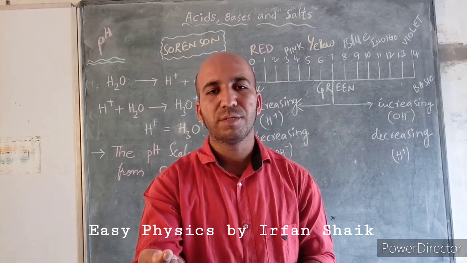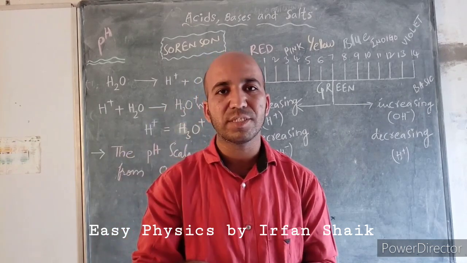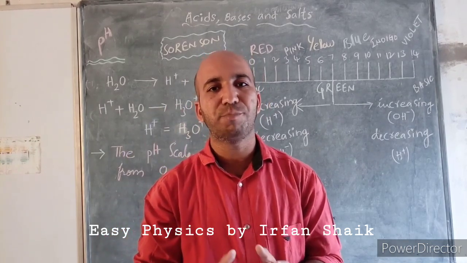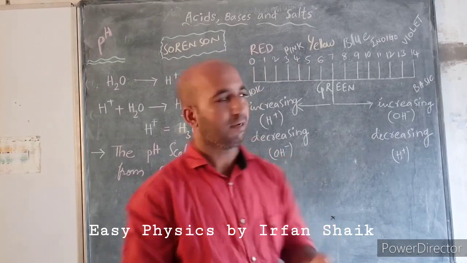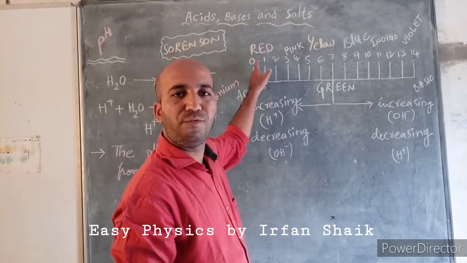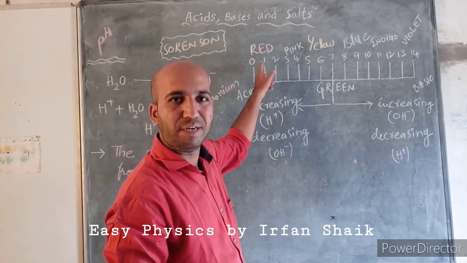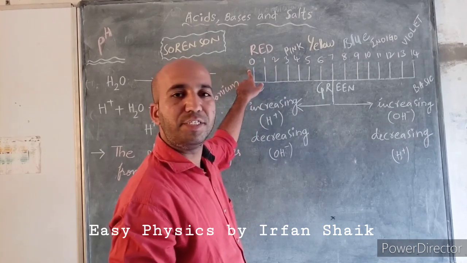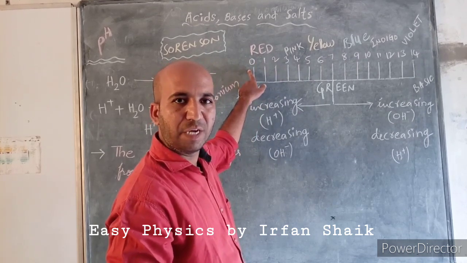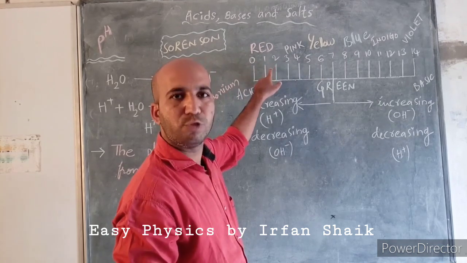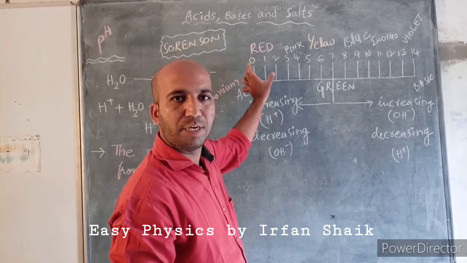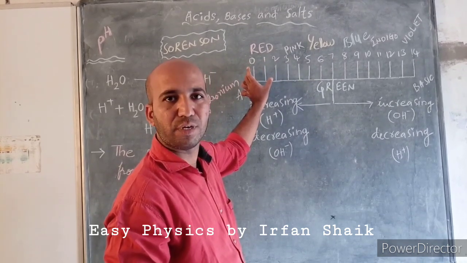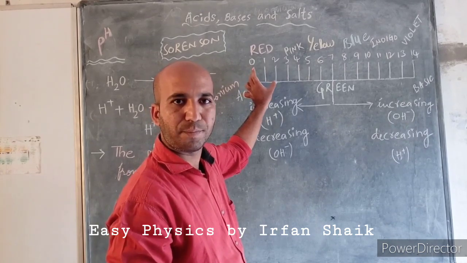If we dip the pH paper into that flask and the color of the pH paper changes to red, its pH value must be between 0 and 2. That means it is a highly acidic solution.